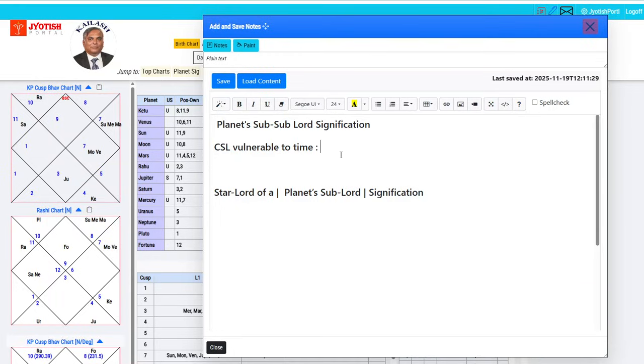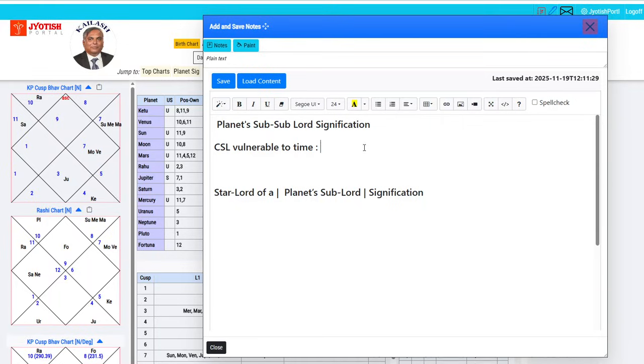These are very unreliable. One reason is the time. If there is a 2-3 minutes or 5 minutes time difference, then these cuspal sublords change, especially if they are on the borderline of a small sub like Ketu or Sun, then they're very likely to change with a little bit of time difference. So you cannot possibly rely on the cuspal sublord.